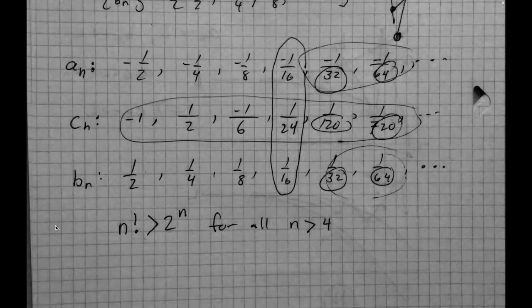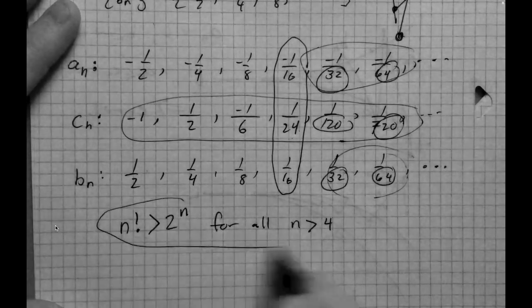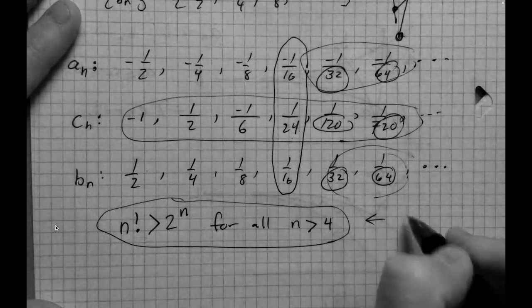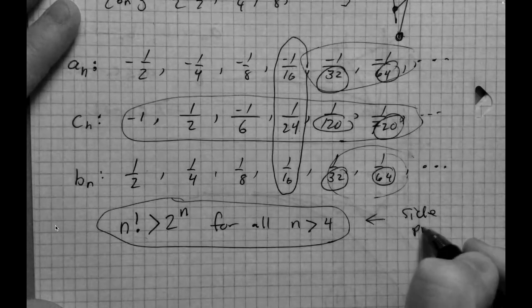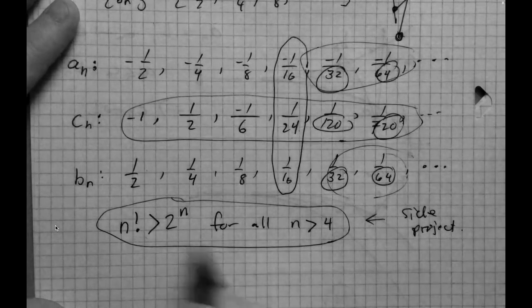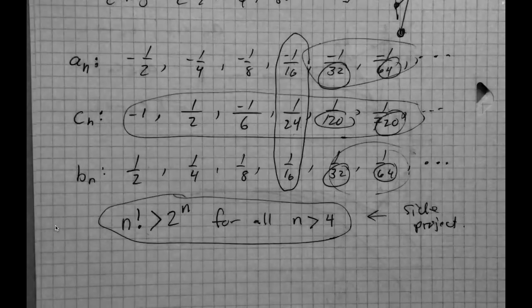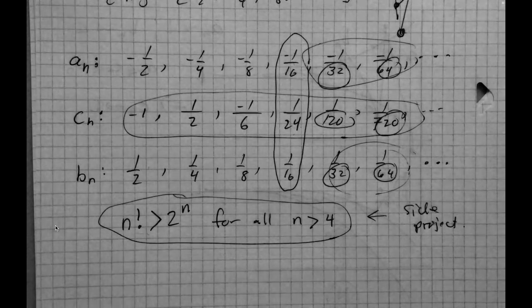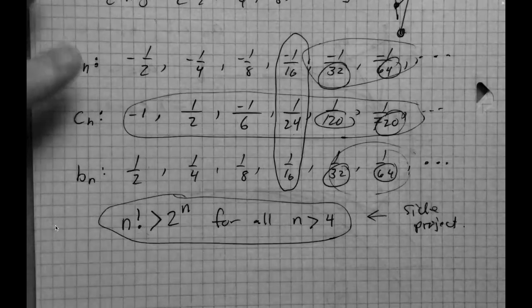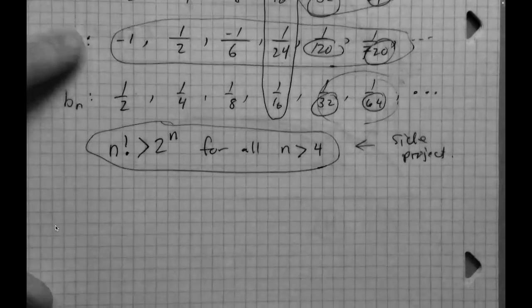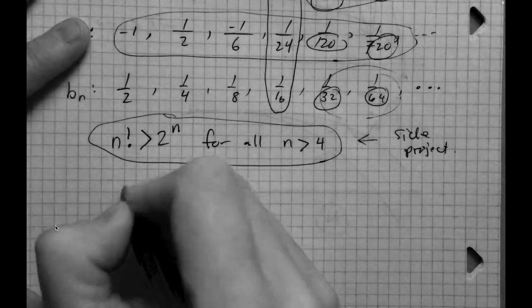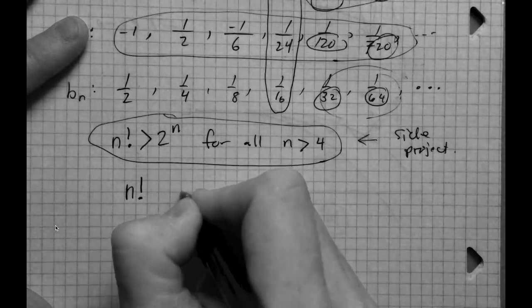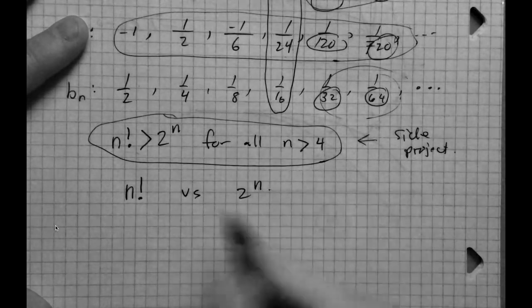Okay, so this is a side project that you can take on yourself. Break this down. Maybe look at a bunch of values, or maybe think about what n factorial means relative to 2 to the n. They mean a similar thing. Well, just to give you a hint on how to think about this: n factorial versus 2 to the n.